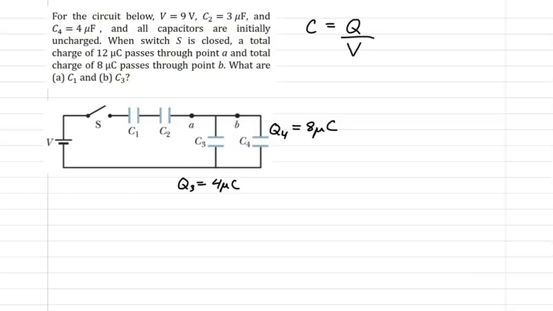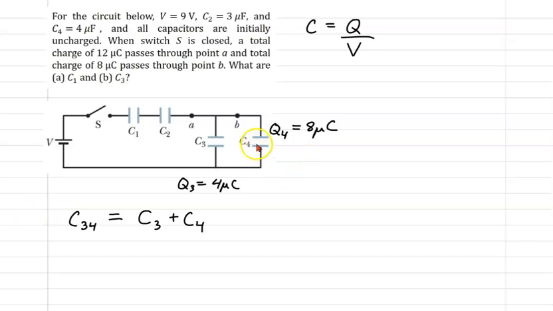Next rule to know about capacitors is how to combine them. Right now, C3 and C4 are in parallel, and the rule for capacitors in parallel is that when you combine them, they just add. So C3,4, the combined capacitance of C3 and C4, is going to be C3 plus C4.